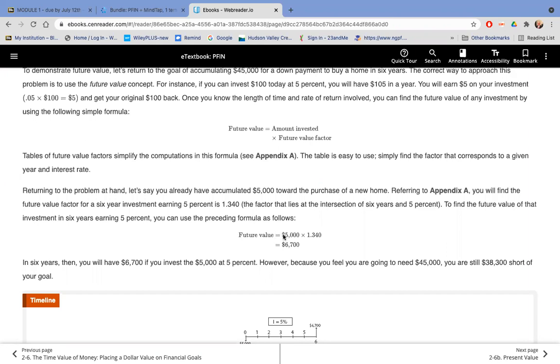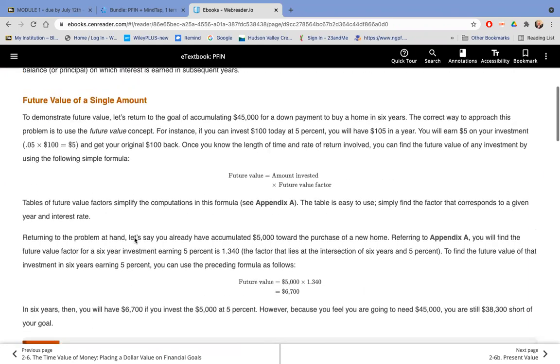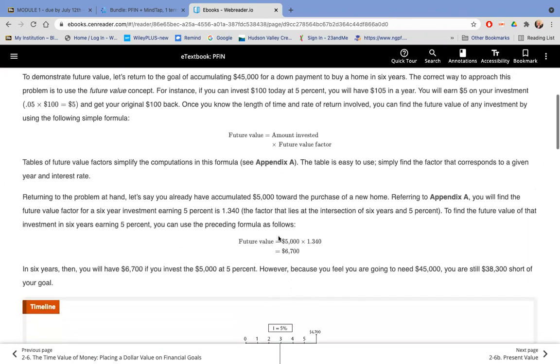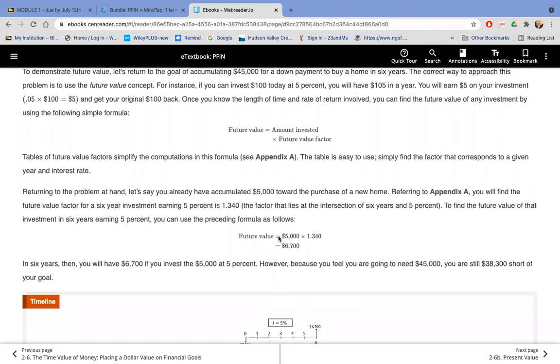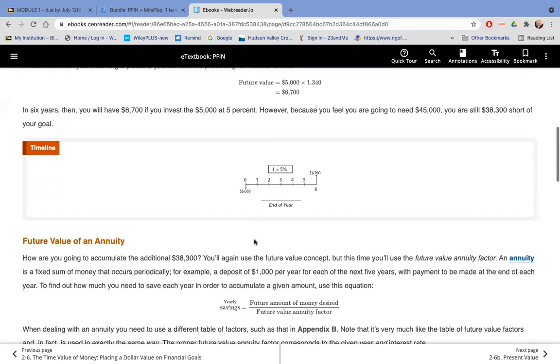So you start with $5,000, you multiply that by the factor of 1.34. That represents the 6 year period at 5%. So at the end of that 6 year period, you will have $6,700. So for the single amount, we're just looking at a one-time investment and you're just going to let it be. Right? And you use Appendix A to find the factor.